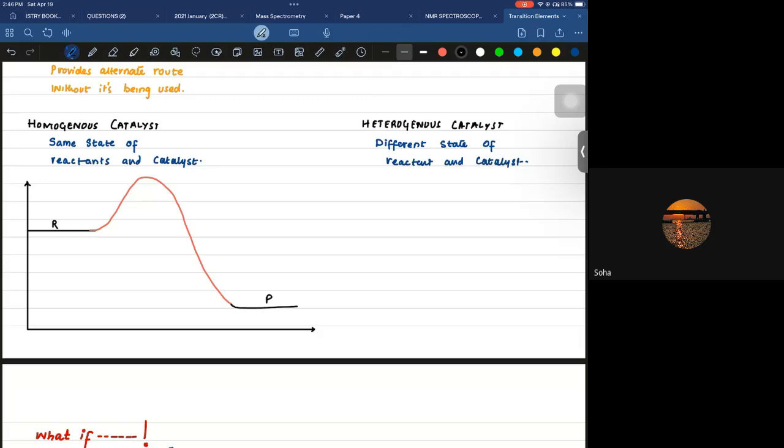So I can say that this is activation energy EA.